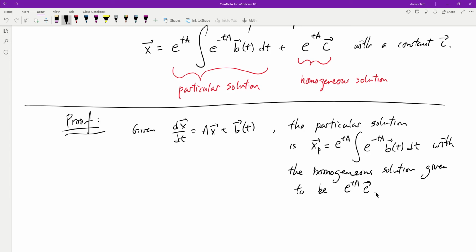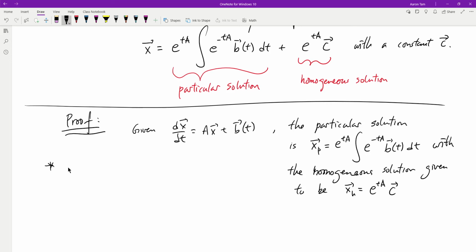Now, it shouldn't be too hard to identify that the homogeneous solution is e to the tA vector c, because that's the whole premise of what we tried to do in 13.2, last section.